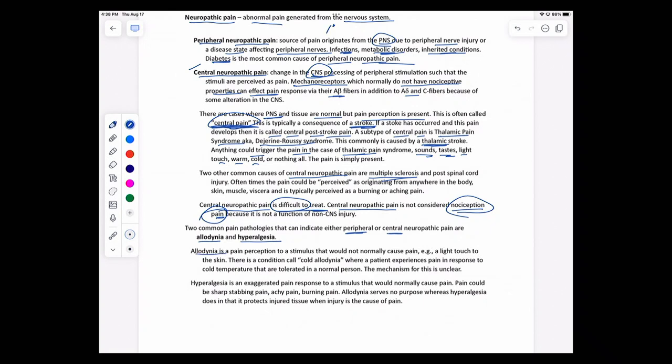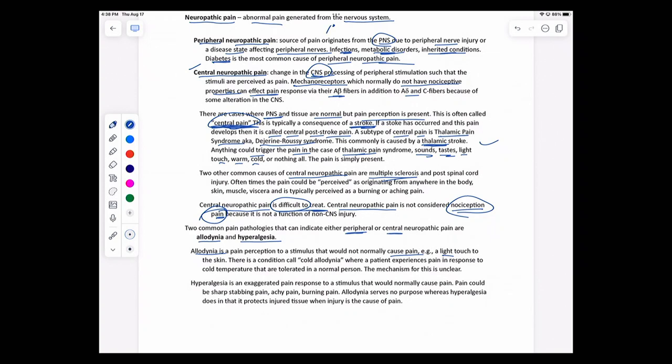Allodynia is a pain perception to a stimulus that would not normally cause pain. Maybe a light touch to the skin, or we talked about sensitivity to sounds or taste or whatever else in terms of the central neuropathic pain. So allodynia is where you have some stimulus coming into the body that should not be associated with pain at all, and all of a sudden the patient has pain.